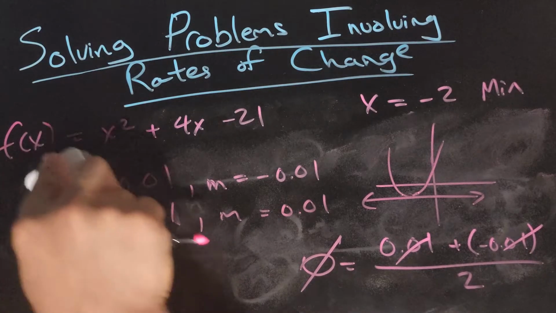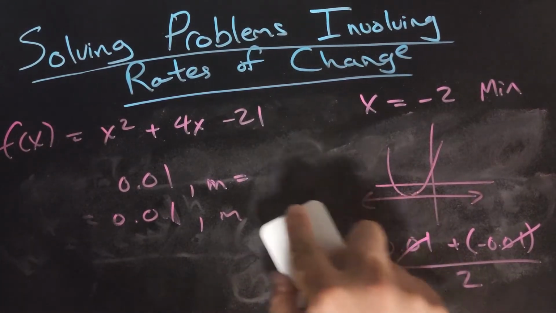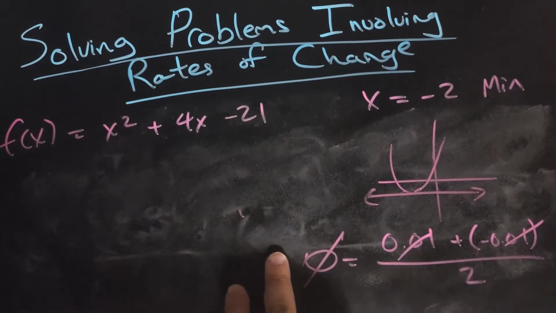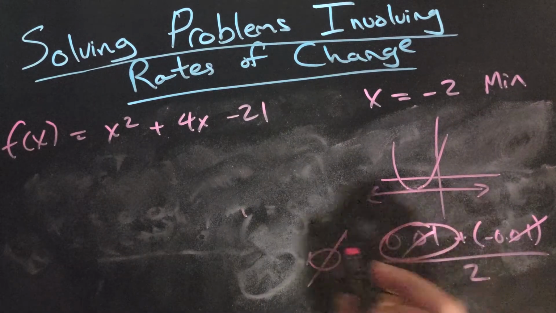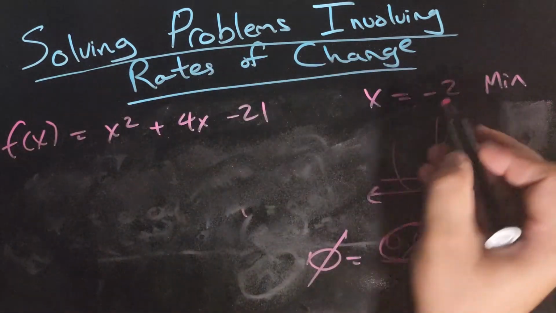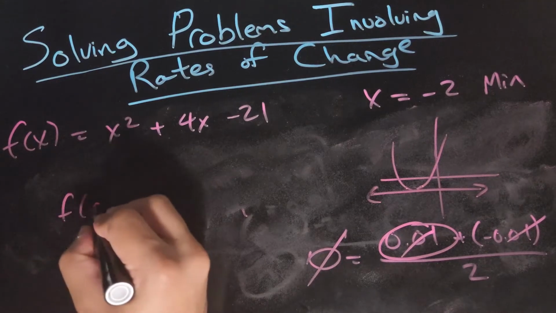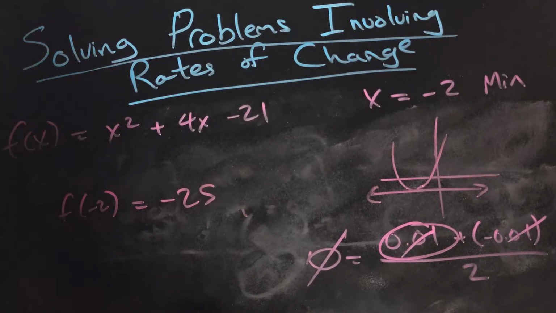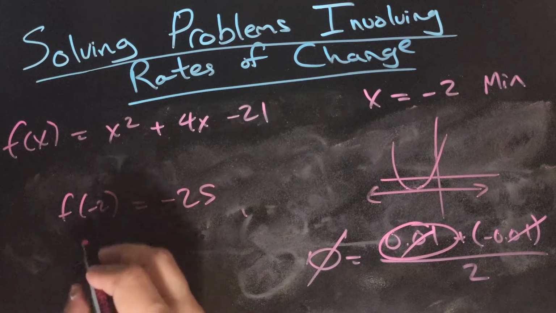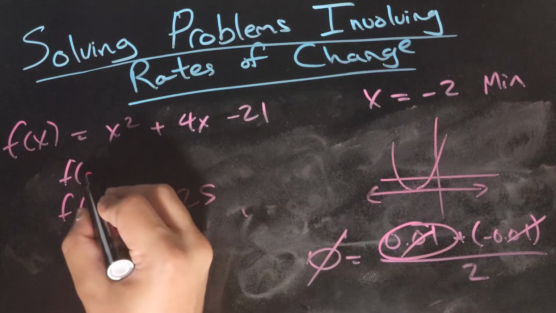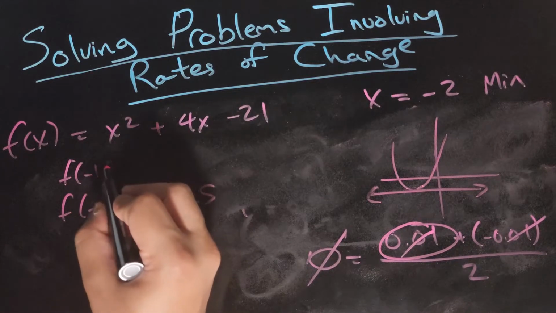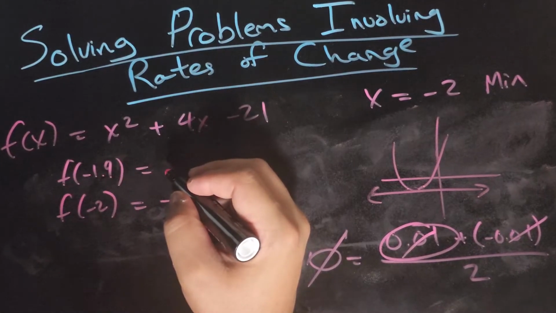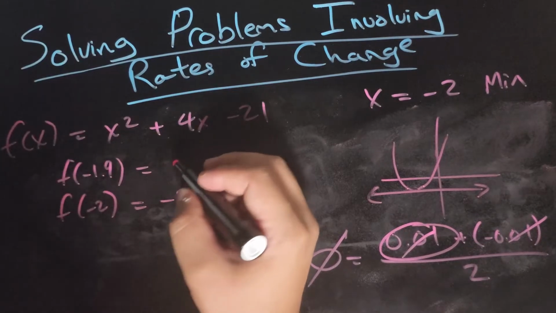By that logic, using 0.01, we can prove this, that at f at negative 2, you have negative 25, correct? But if I add 0.01, well, that's not 0.01, that's 0.1.